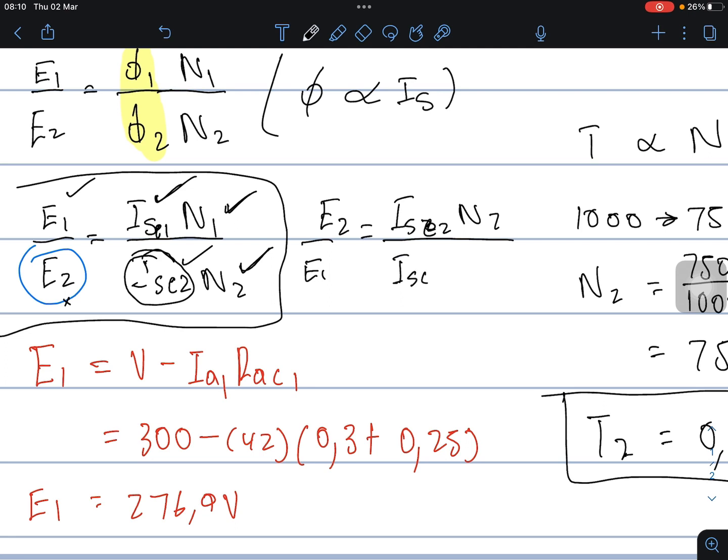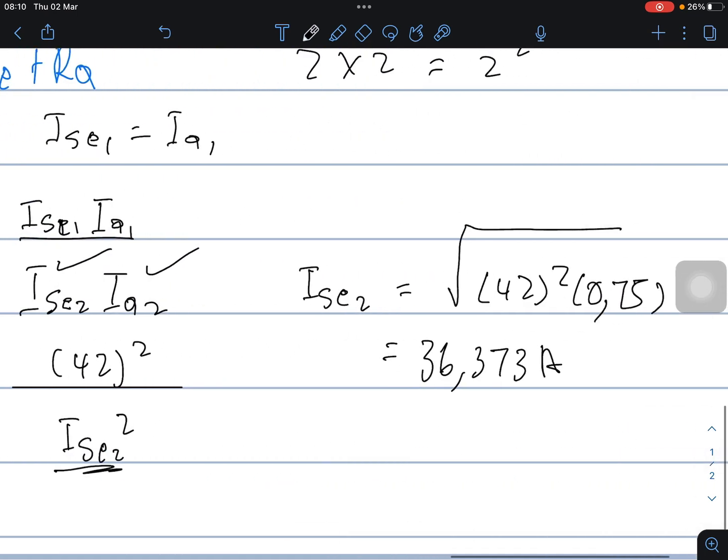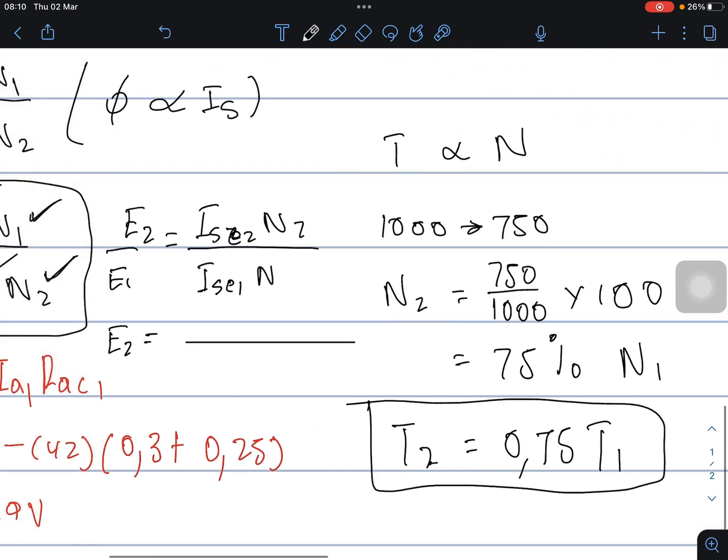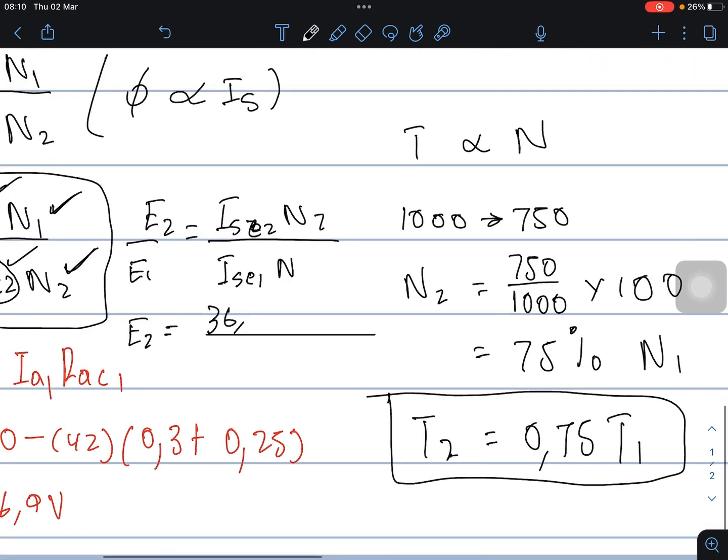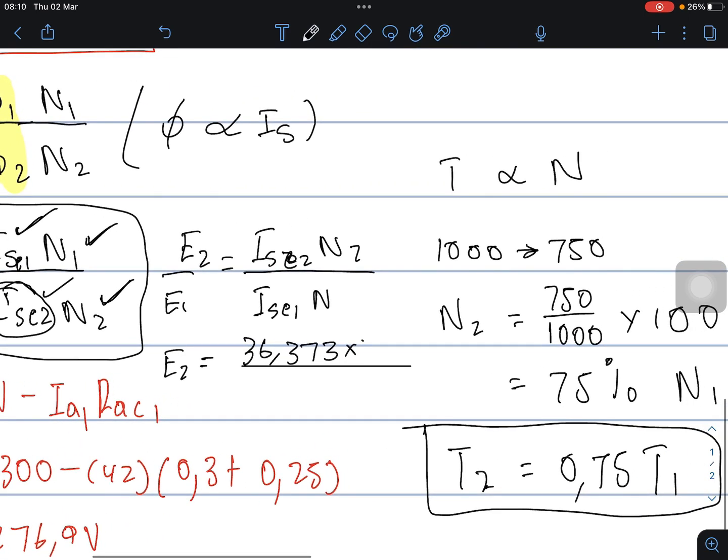So E2 would be I series 2, which is 36.373, times N2, which is 750 revs per minute, over I series 1, 42, times N1, which is 1000.